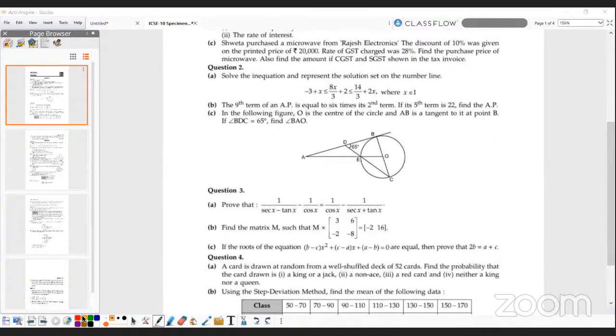Read it and try to solve. In the following figure, O is the center of circle and this AB is a tangent. BDC is 65. Determine the value of angle PAO.